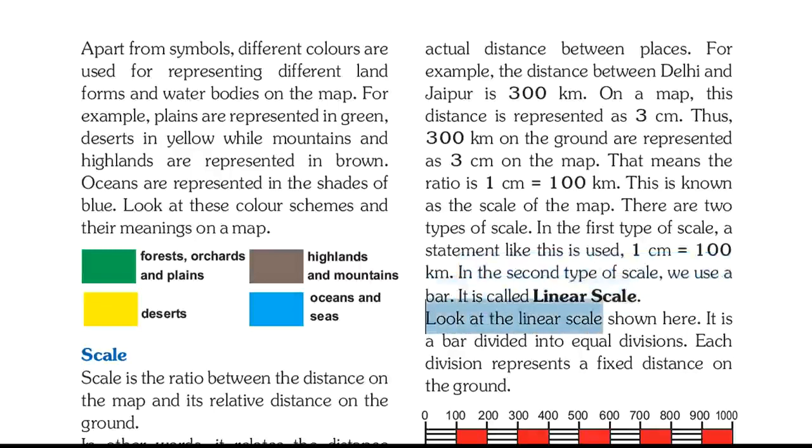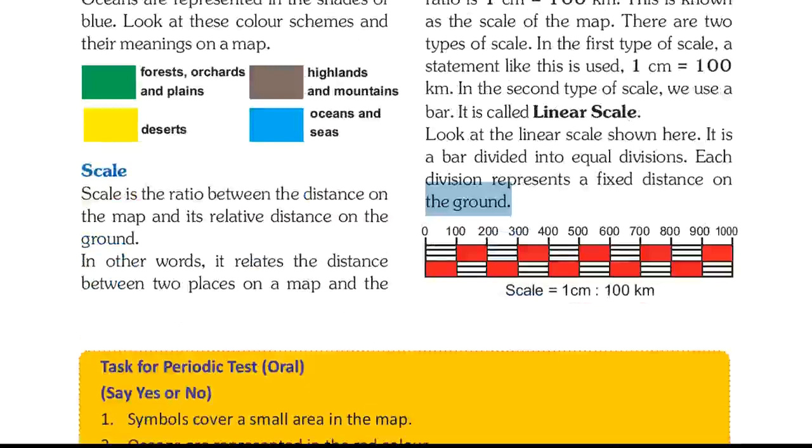Look at the linear scale shown here. It is a bar divided into equal divisions. Each division represents a fixed distance on the ground. Scale 1 centimeter ratio 100 kilometer.